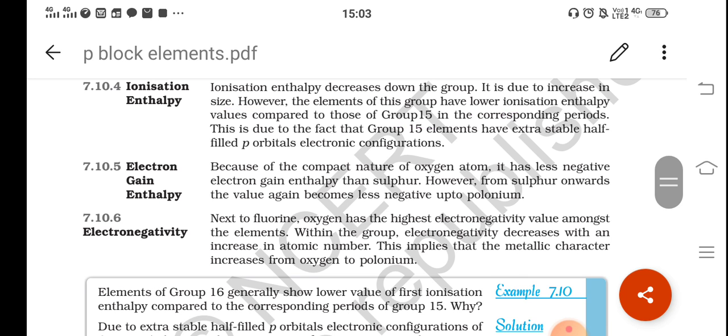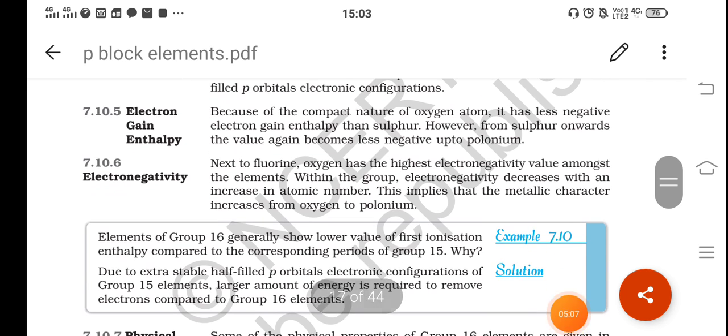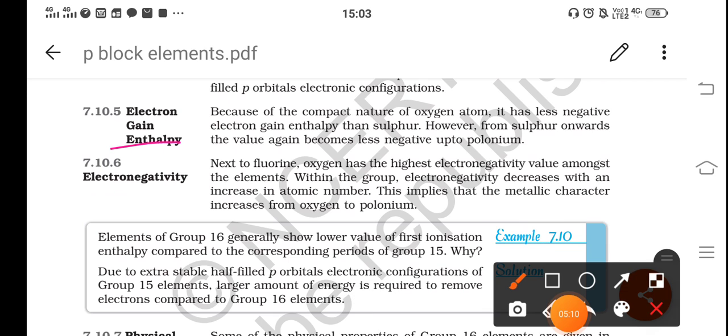Now coming to the next property, electron gain enthalpy. Electron gain enthalpy is the amount of energy released when an atom accepts an electron. It depends on electronegativity. Down the group, electronegativity decreases, so electron gain enthalpy should also decrease down the group. But oxygen has less electron gain enthalpy in comparison to sulfur.